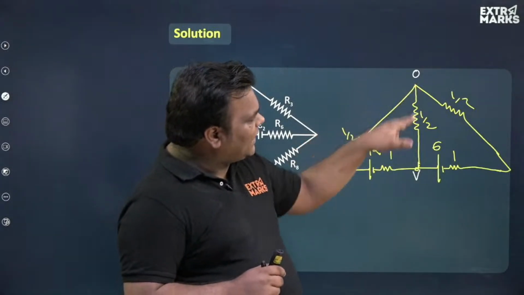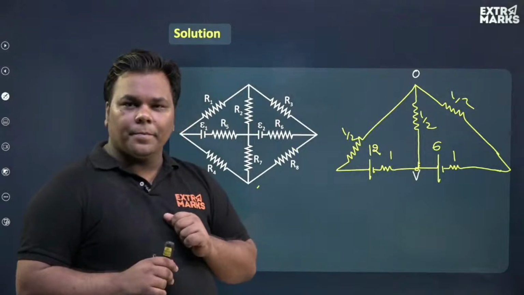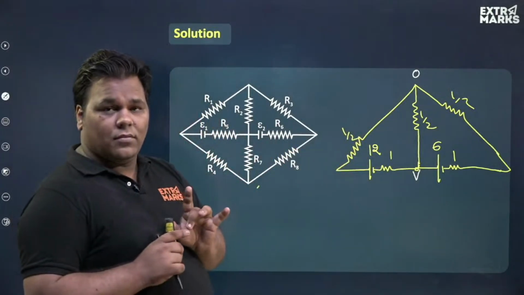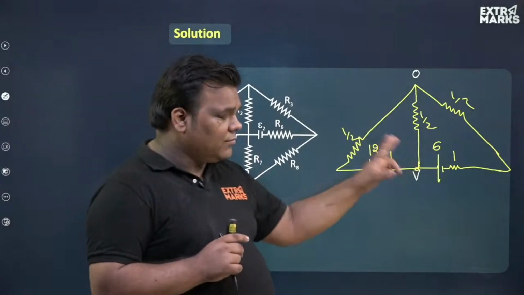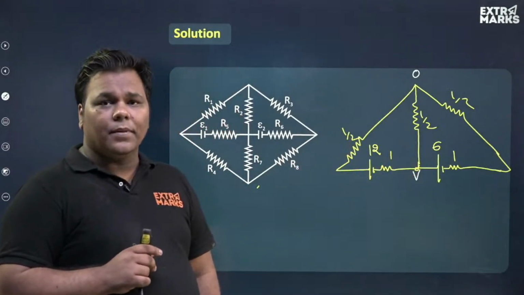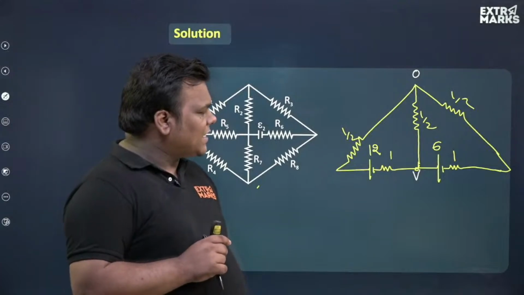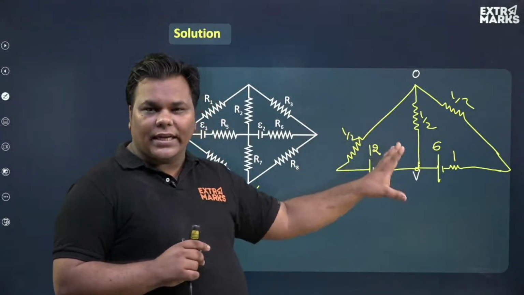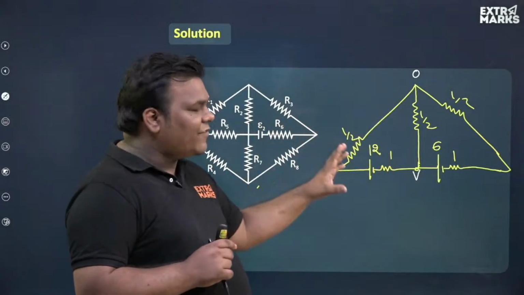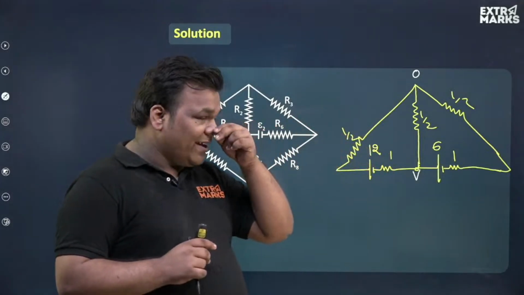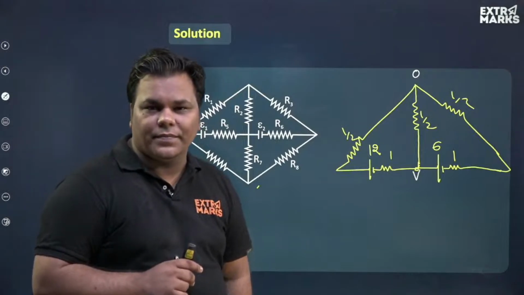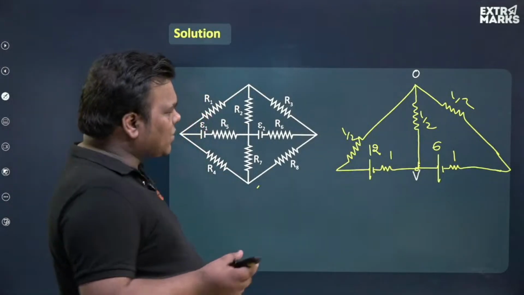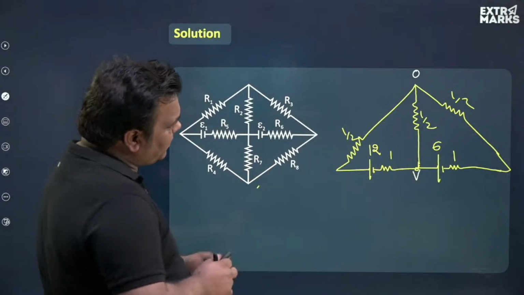See, between these 2 points the net battery voltage is V, right? So I will calculate the net voltage because of these 3 batteries, and then I'll solve it. Or you can choose another method, but I'll prefer it that way.